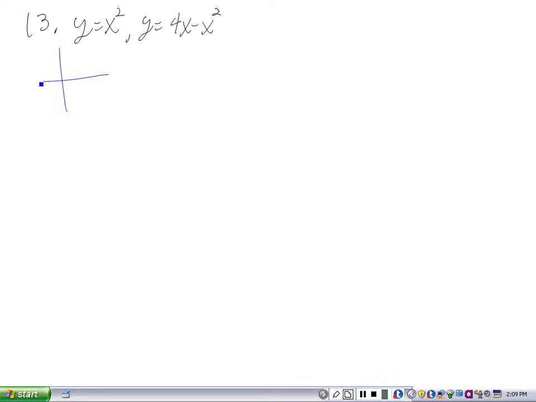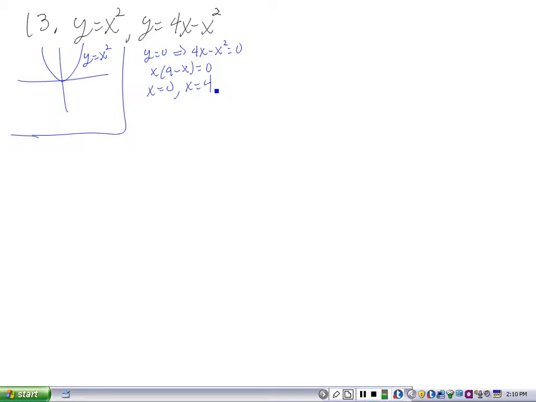The first guy is just a parabola, y equal to x squared. Now this next guy, let's examine that. Let's set this y equal to 0. This implies that I have 4x minus x squared equal to 0. So I get x times 4 minus x equal to 0. x equal to 0, x equal to 4. So it's a parabola. Since there's a negative in front of the x squared, it's a parabola that's going down.